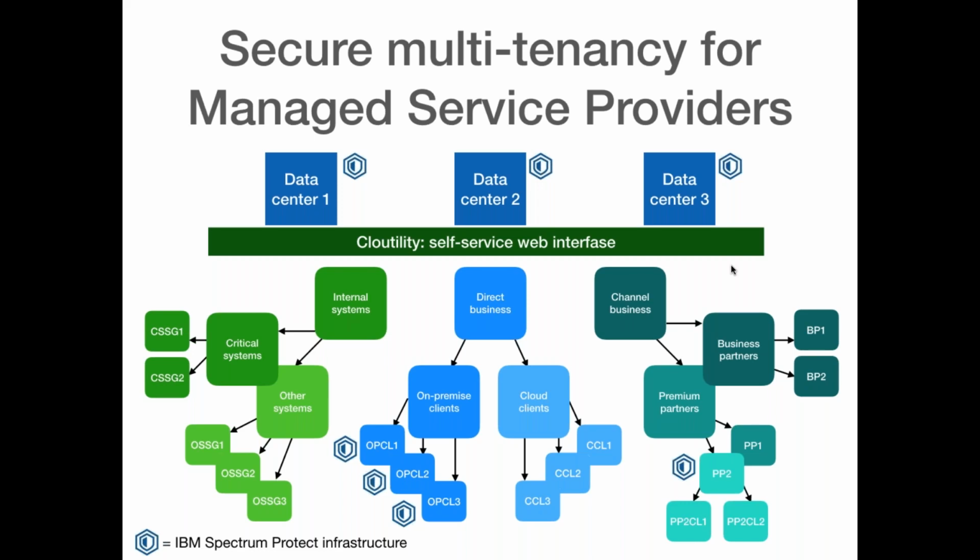And Cloudtility now enables the managed service provider to go out and sign up the journaling system providers as a business partner in the Cloudtility solution. Now this business partner can log in to Cloudtility and start adding his own customers, start backing up his own customers. He can invoice his own customers. He can provide his customers with plug and play reporting.